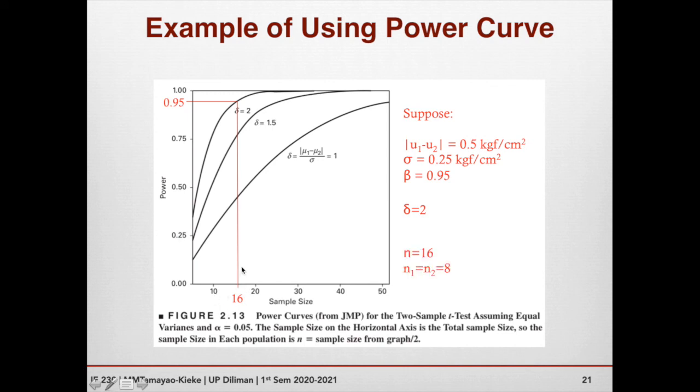And since n is actually the total of the two sample sizes, and we know that n1 equals n2, then n1 and n2 are each equal to 8.